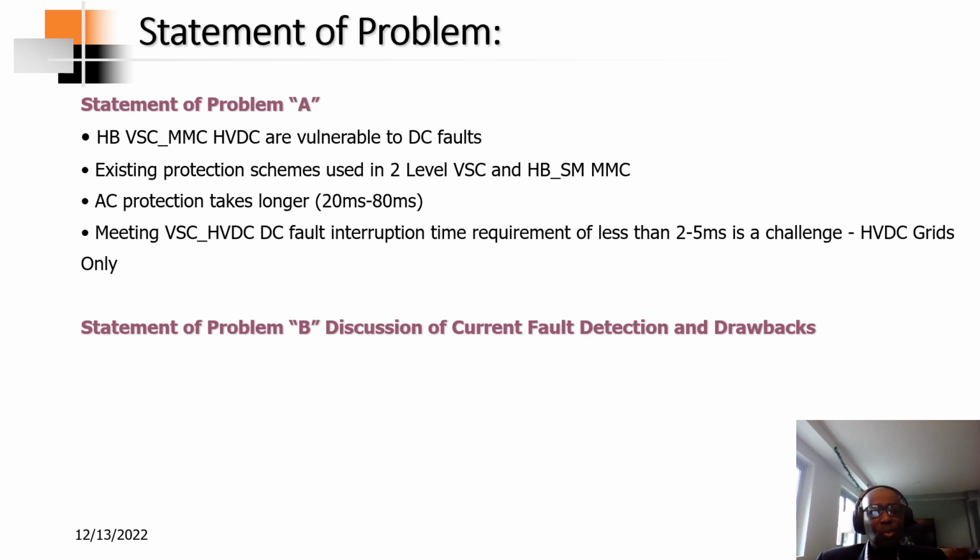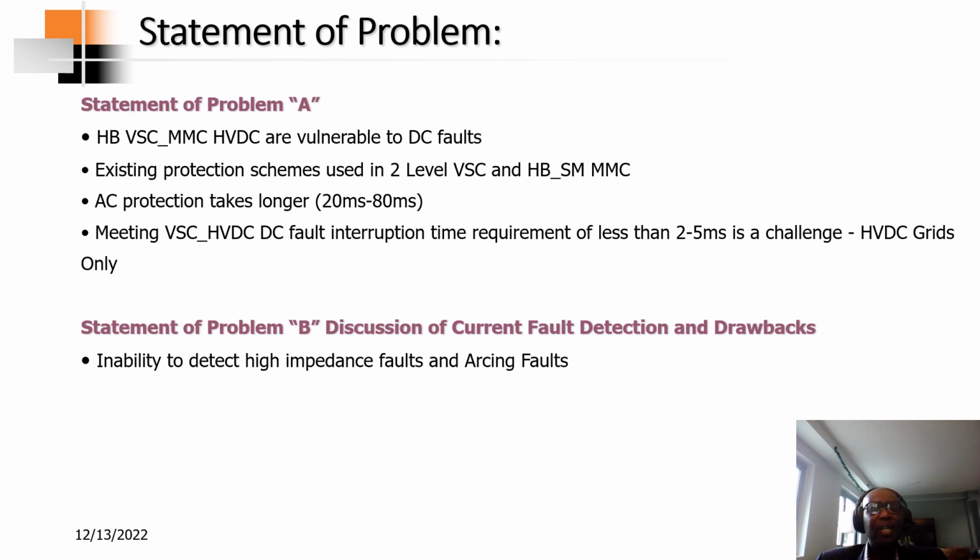Now let's go to statement of problem B, and let's talk about the current fault detection schemes and the drawbacks that we have. Like I made mention in the previous slides, I listed all the fault detection schemes that we have, the ones that are in commercial operation and the ones that are based on literature.